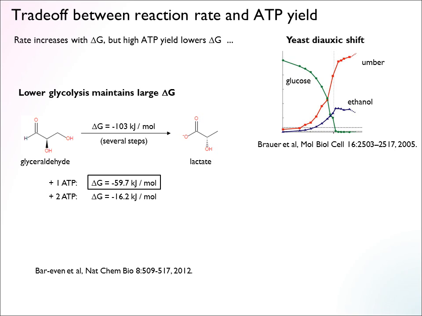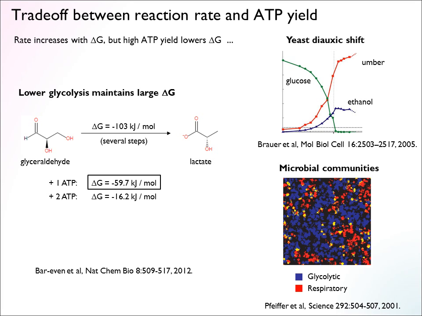So this is a balance that microorganisms try to strike between these two properties. There have also been some studies on communities trying to figure out what kind of choices microbes make when it comes to glycolysis. And some argue that there is a sort of tactical advantage to doing glycolysis rather than respiration, even in the presence of oxygen, because of these trade-offs.